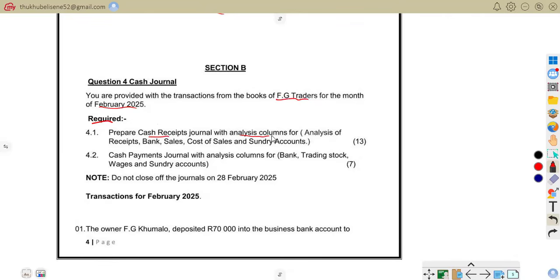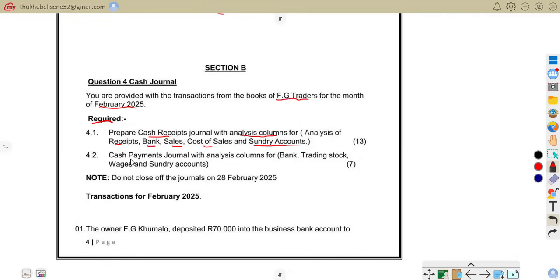So there should be what? Analysis columns. So that is analysis of receipts: bank, sales, cost of sales, and sundry accounts. So we know sundry accounts are the accounts, these are the transactions that do not have their own columns. So we treat them under the sundry accounts.